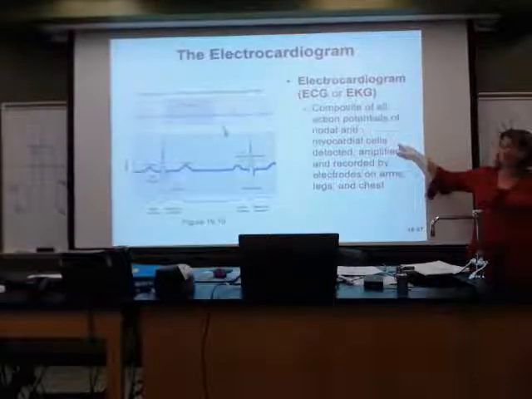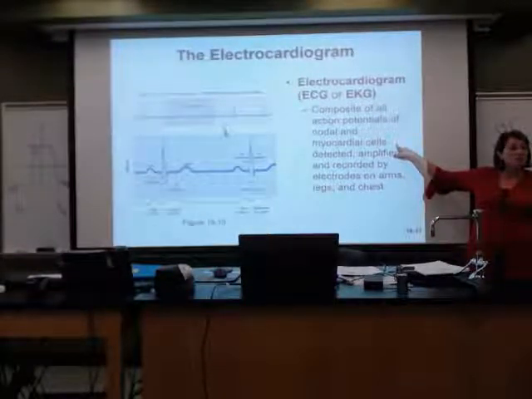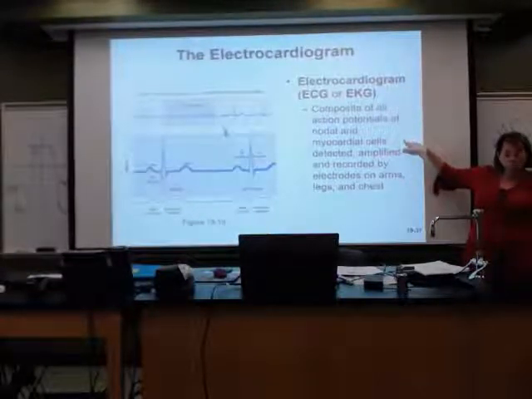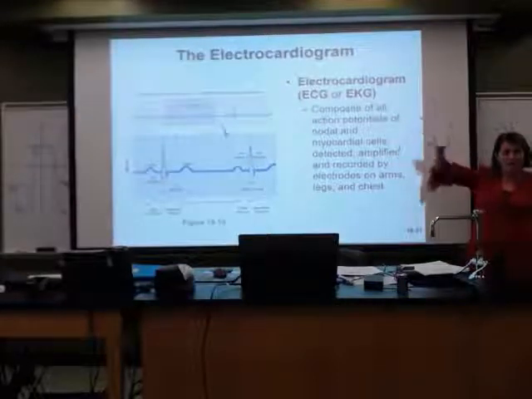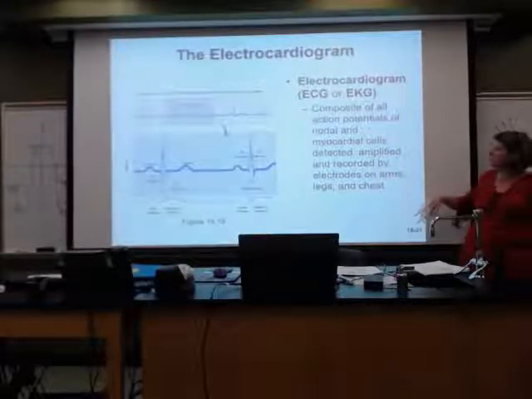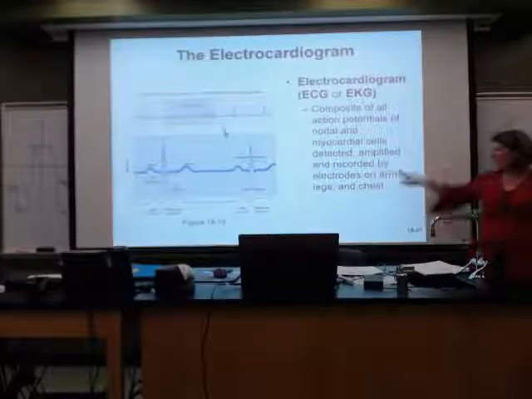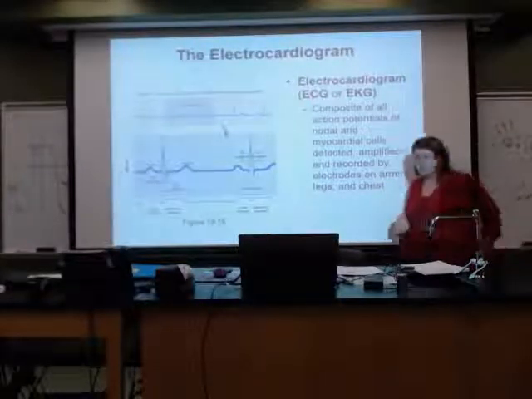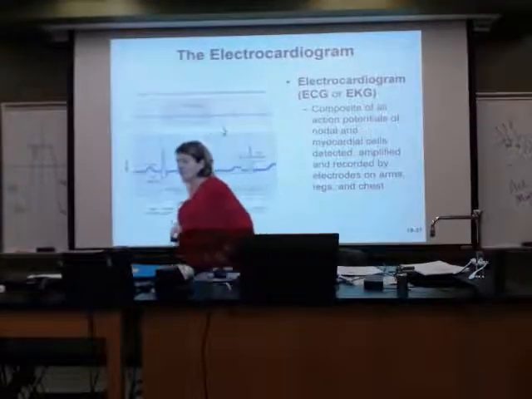It tells you the action potential of the myocardial cells, okay, the myocardium, the cardiac cells. It gets amplified and recorded based on those electrodes that they place on you.